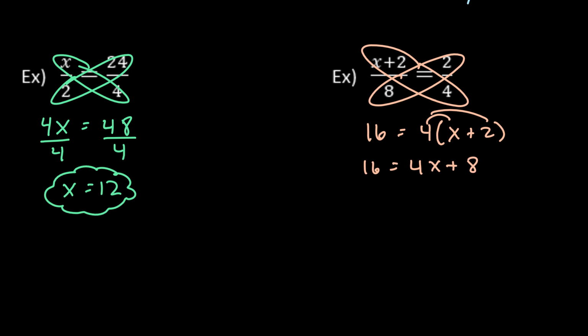And then I subtract 8 over, and I get 8 is equal to 4x, and you divide both sides by 4, and x is 2. Any questions on this one?